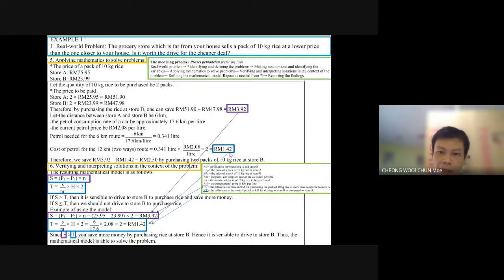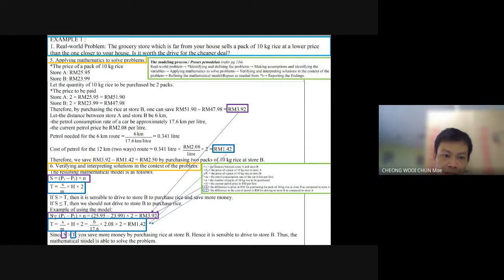That's why it's 1 ringgit and 42 cent minus 0, which gives 1 ringgit and 42 cent again. This is the calculation based on applying number 5, applying mathematics to solve the problem. So we get these workings.